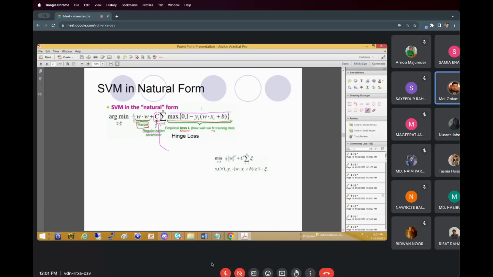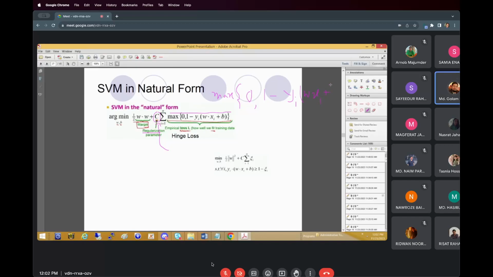Let's say in this case it is the max of, maximum. So here is 0, and 1 minus yi times w transpose xi plus b.